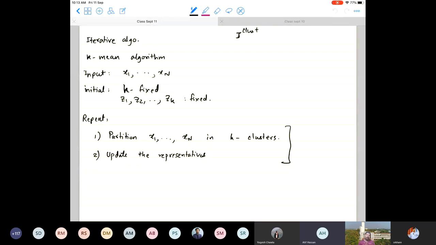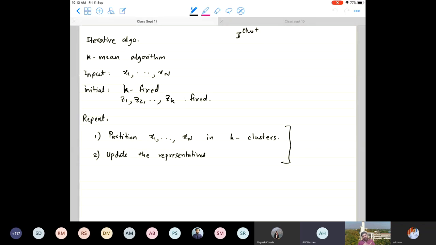And sir, that k also you have to change, like you have to try 3 clusters, 4 clusters, 5 clusters to see how the J cluster value really changes. So it will change, and after doing it several times, you can take 3 clusters, 4 clusters, 5 clusters, and the value of J cluster is decreasing when you increase the number of clusters.